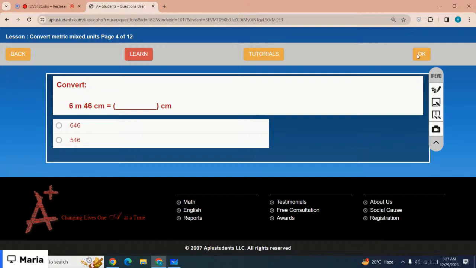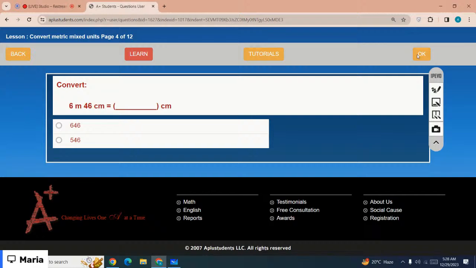6 meter 46 centimeter. So which is the correct option?